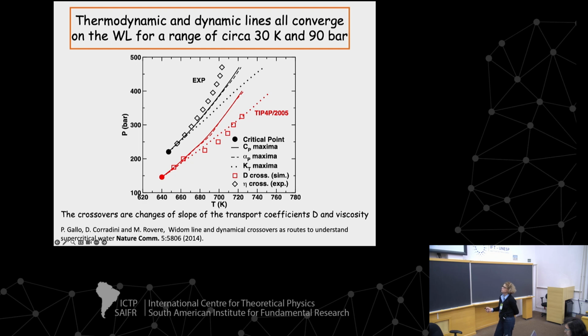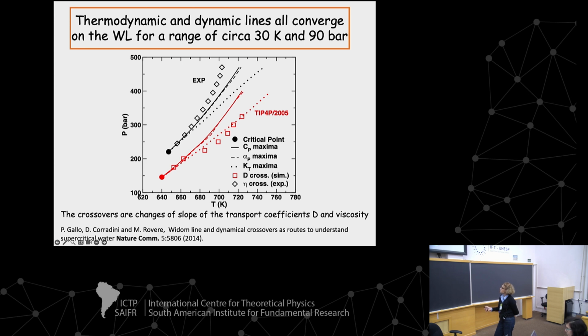This is, I remind you, the liquid-gas critical point to the Widom line, as foreseen by the theory of critical phenomena. In this funnel, somewhere, there is the line of maximum correlation length, and all these thermodynamic functions, as they get close to the critical point, collapse on this single line. So they can be used as a proxy for the Widom line.